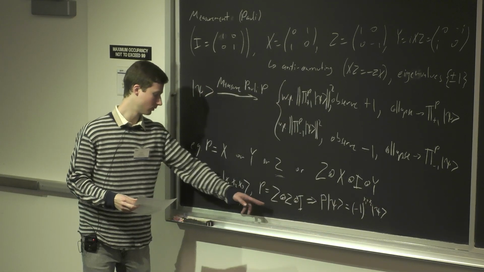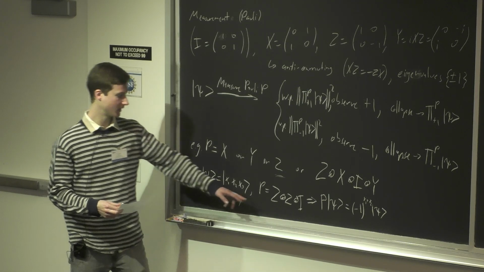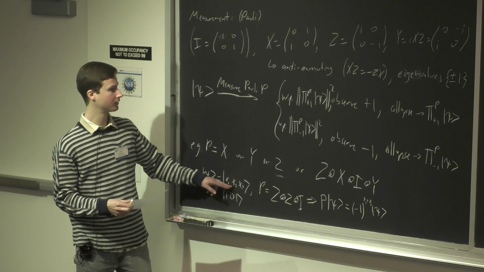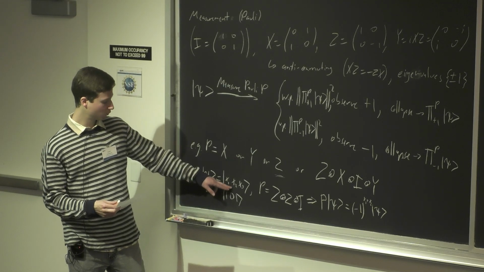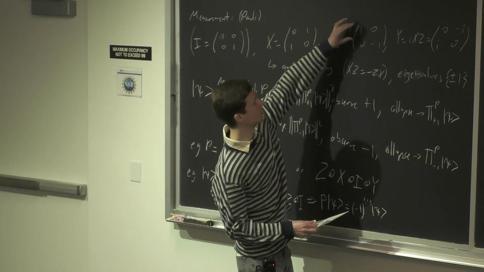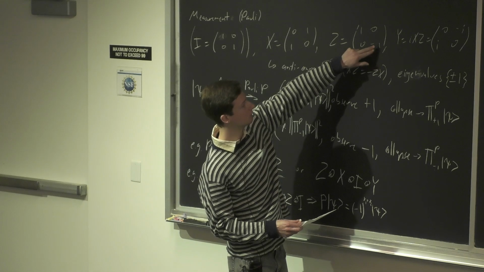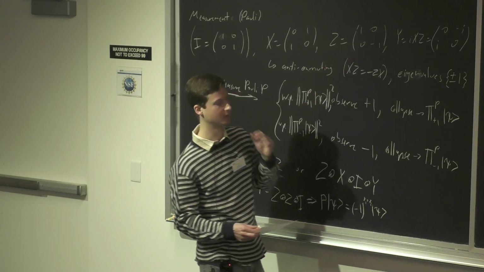Essentially because this z will flip the sign if x1 is 1, and this z will flip the sign if x2 is 1. And you can see that here because z essentially, if it sees ket 0, the first basis vector, it does nothing. If it sees ket 1, the second basis vector, it flips the sign.